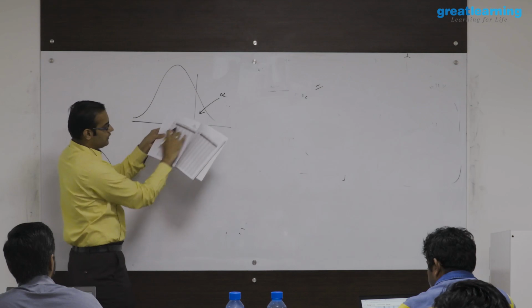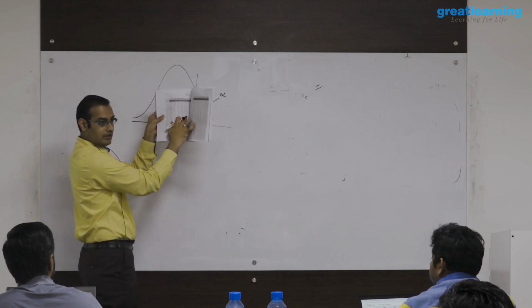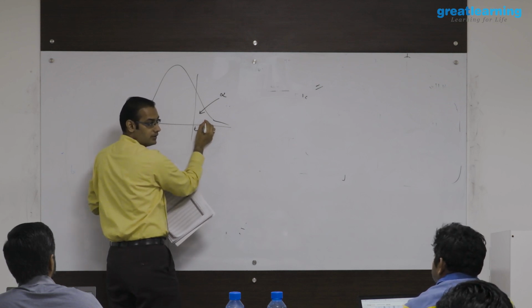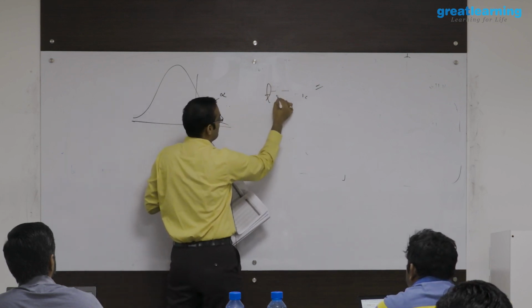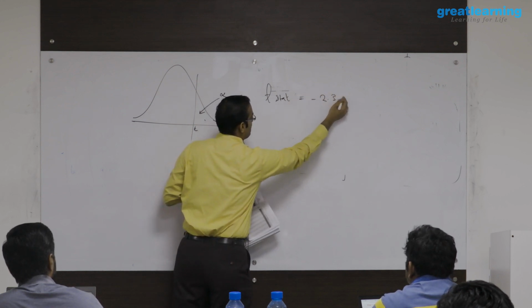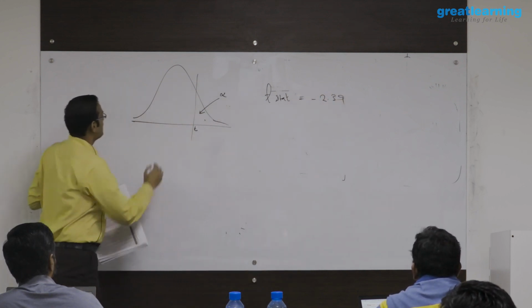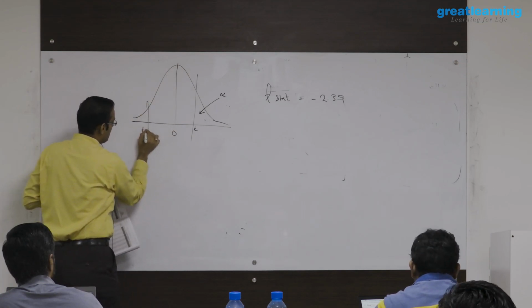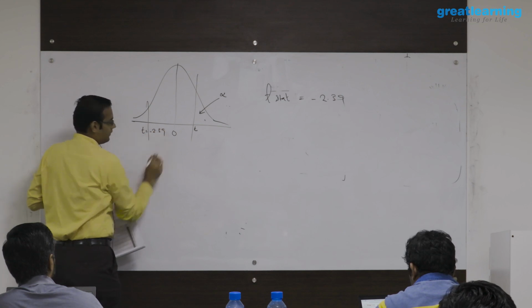What they are saying is, when I read this table, it is going to give me the alpha value only for this half. My t stat came as minus 2.39. Where is minus 2.39? This is 0. So my t equal to minus 2.39 is here.